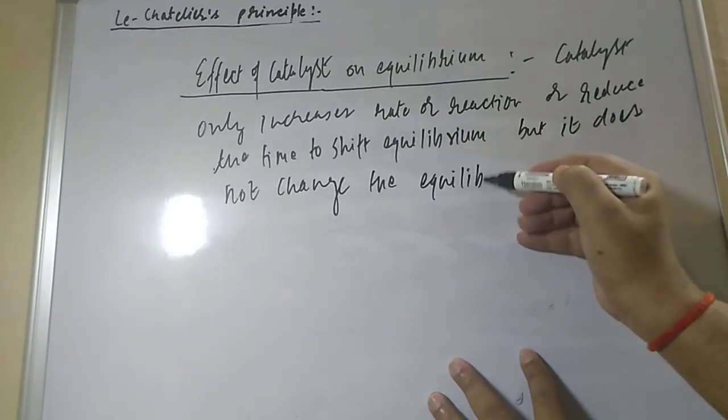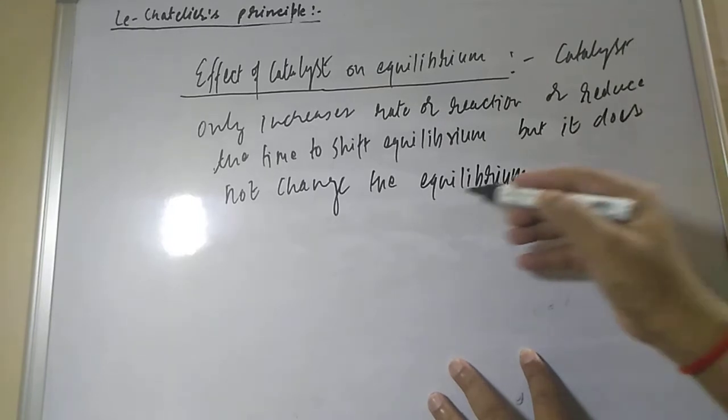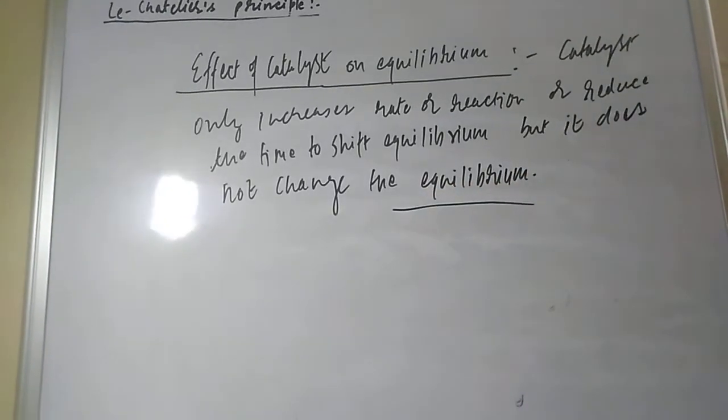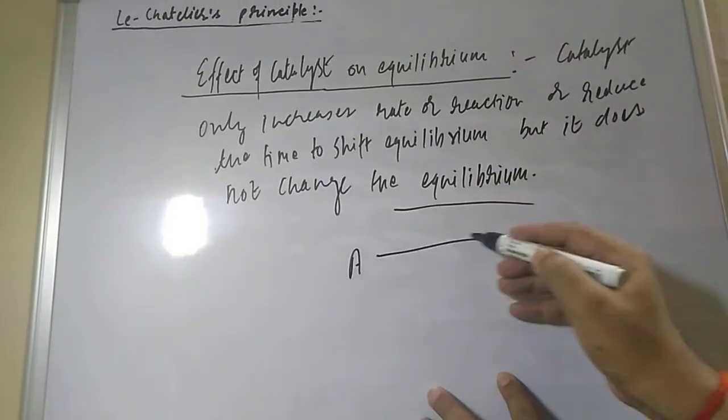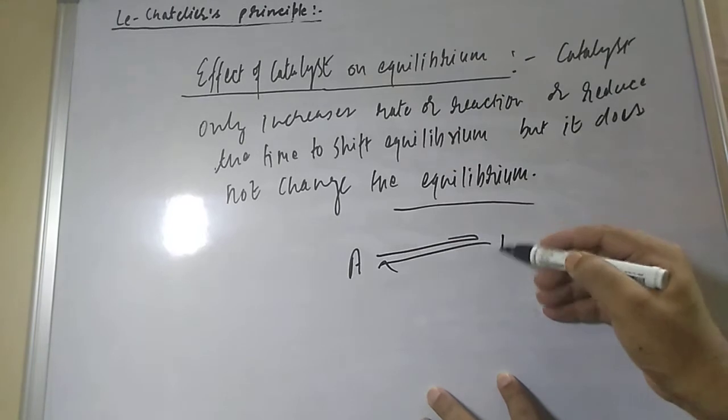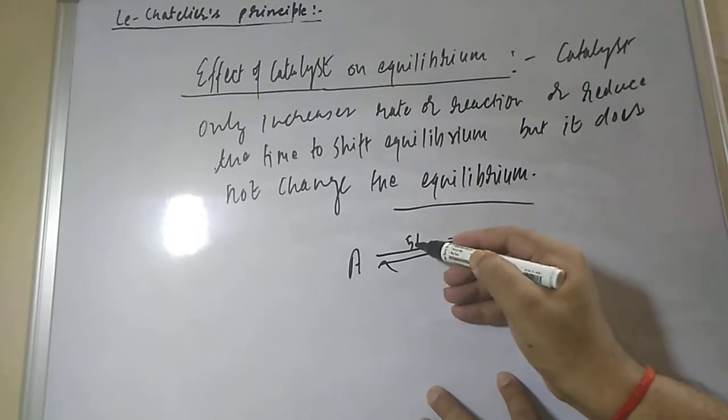A catalyst only increases or decreases the rate of reaction. How much time will it require to reach the equilibrium? Suppose A and B are there, and without catalyst equilibrium is reached in 5 hours.